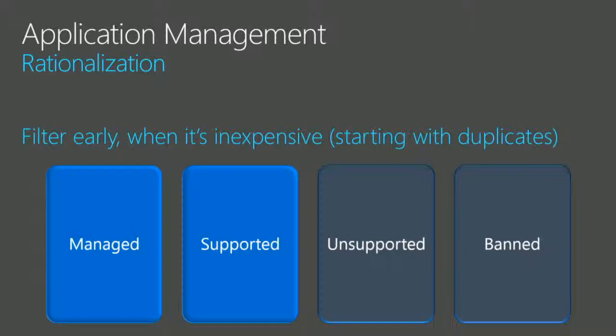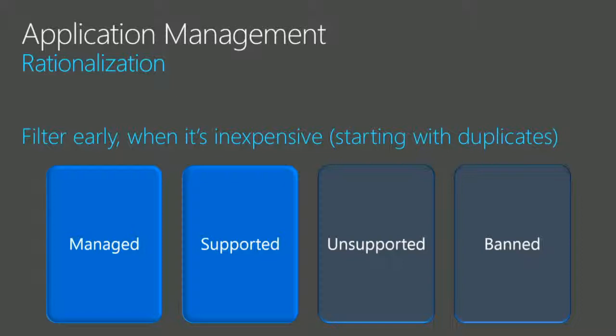The apps that we actively manage, which are fully supported IT apps that we will take care of updating and patching and all that good stuff. There are then IT supported applications, so you call the help desk and they'll help you with them. And then there's unsupported applications that we don't care about.